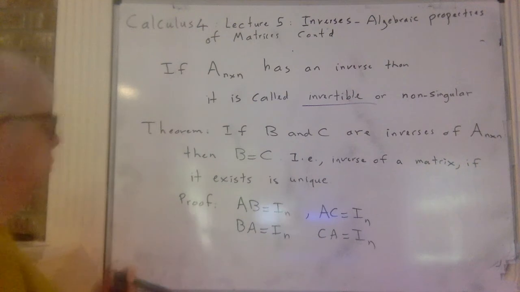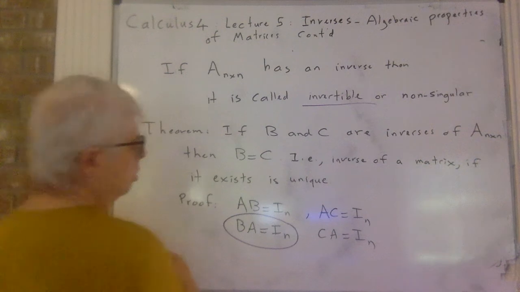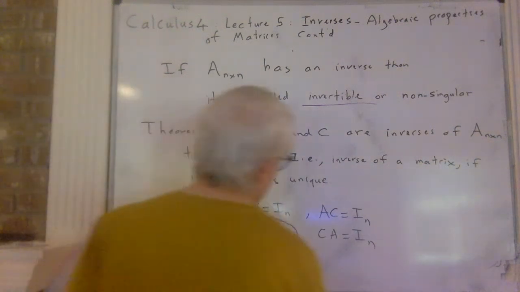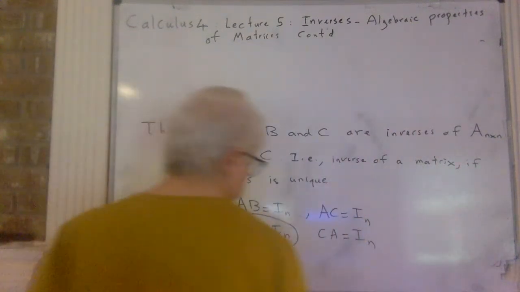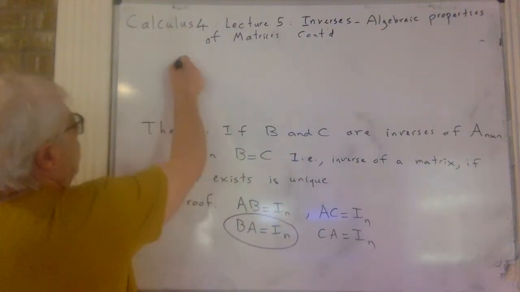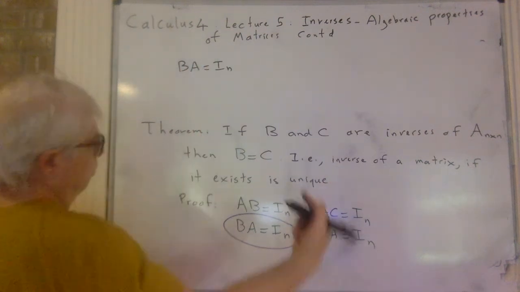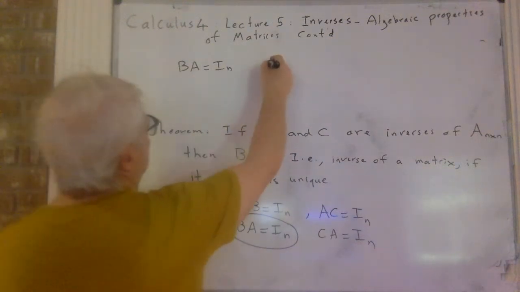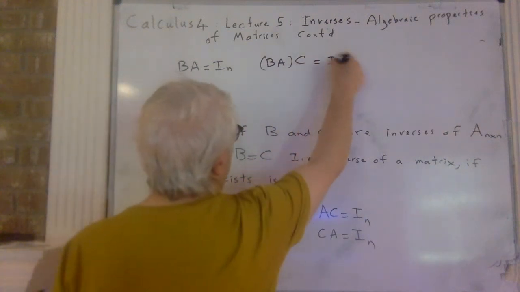I can take one of them, say BA is I_n. Let me continue here so everybody can see. So I know that BA is I_n. Let's multiply from the right by C. So I have BA multiplied by C, and this is I_n multiplied by C.